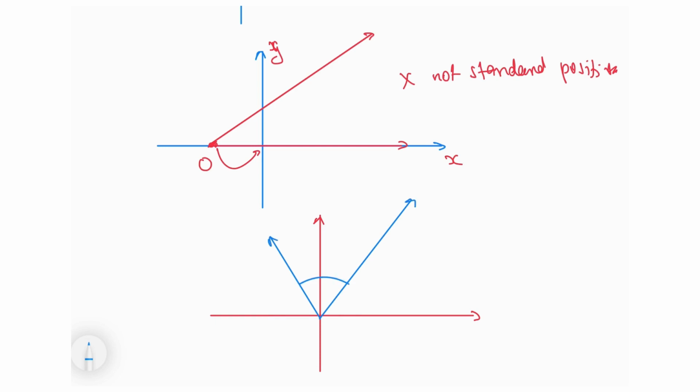So here the vertex and the origin coincide, they are the same, but this is the initial ray and it's not placed on the x-axis, so not in standard position. Okay.